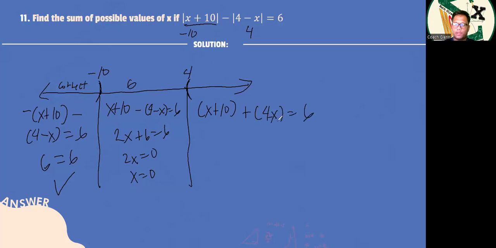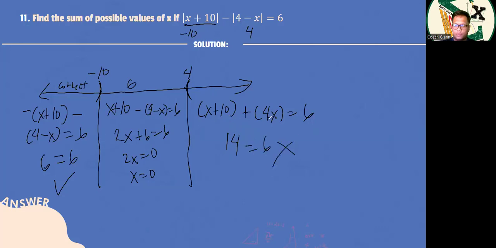So x minus x is equal to 0. 10 plus 4 is 14. And then 14 would be equal to 6. So this is invalid.